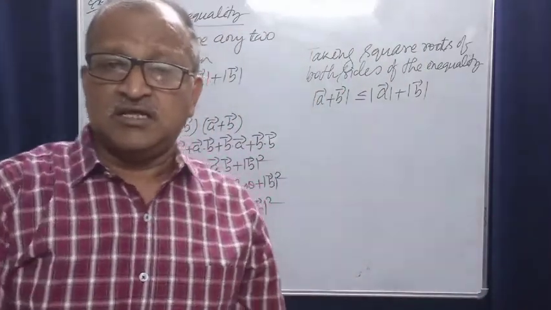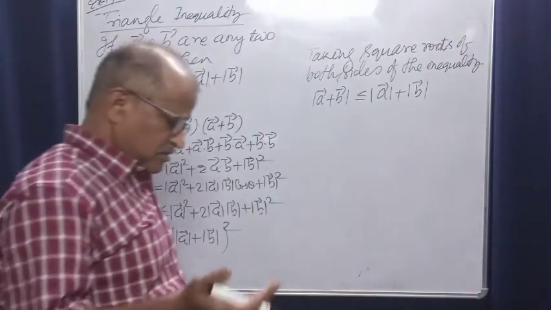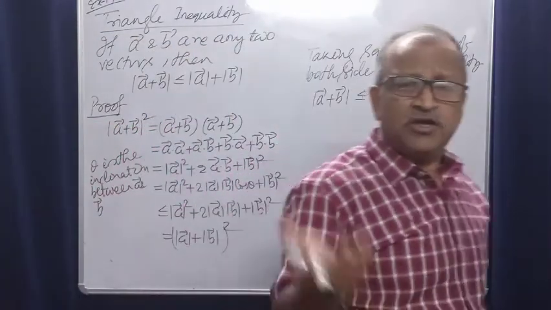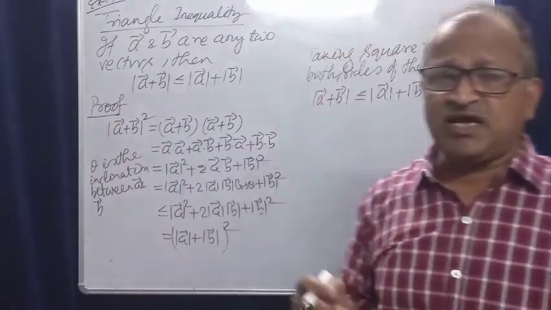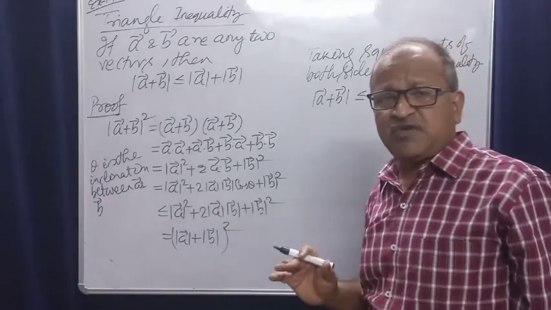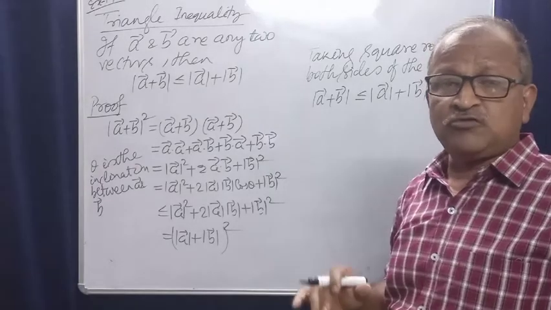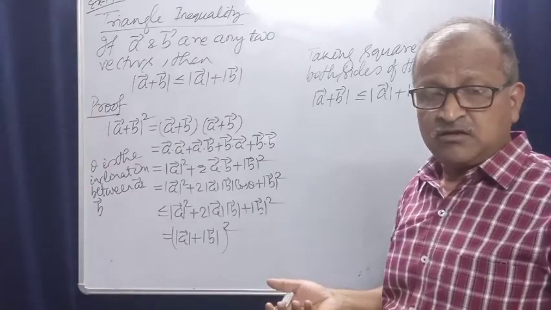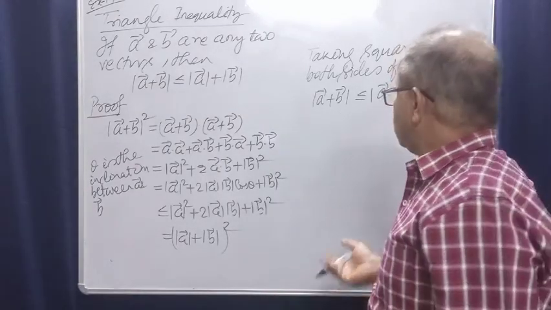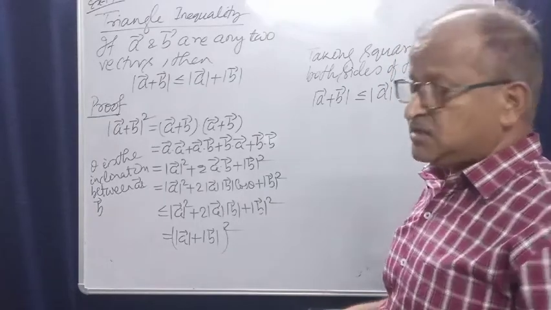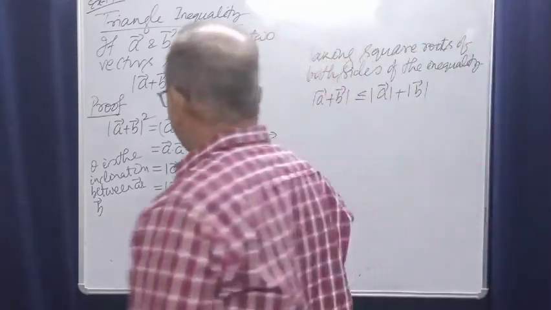That is, we have already seen in Euclidean geometry. What is that? The sum of the lengths of any two sides of a triangle is greater than or equal to the length of the third side. Yes, that is why it is called triangle inequality.